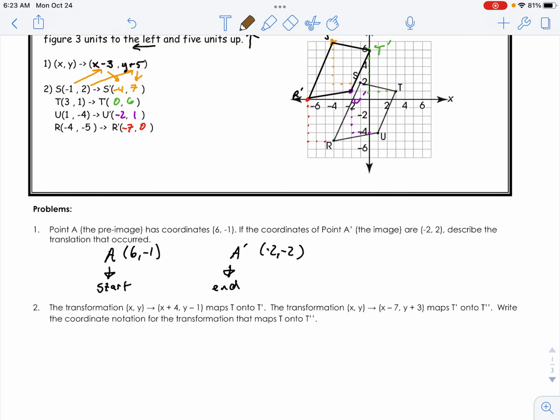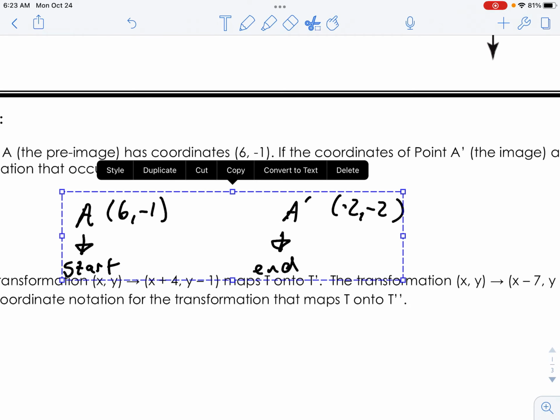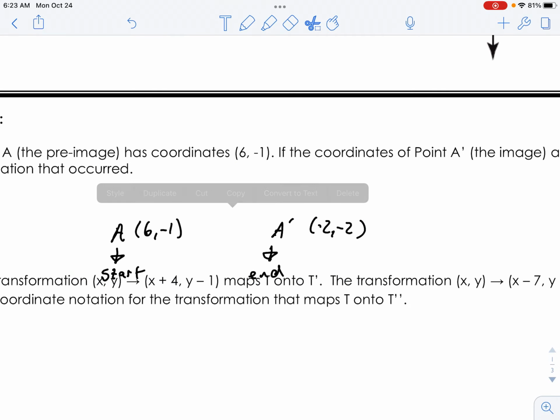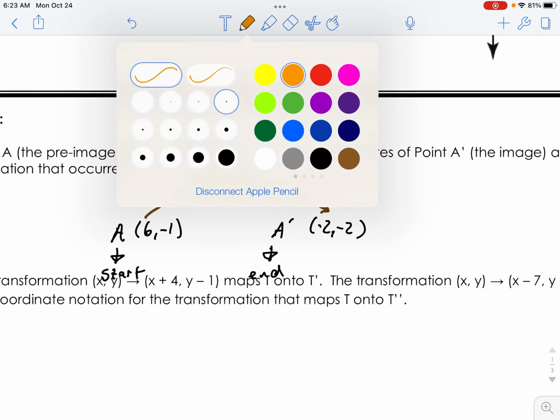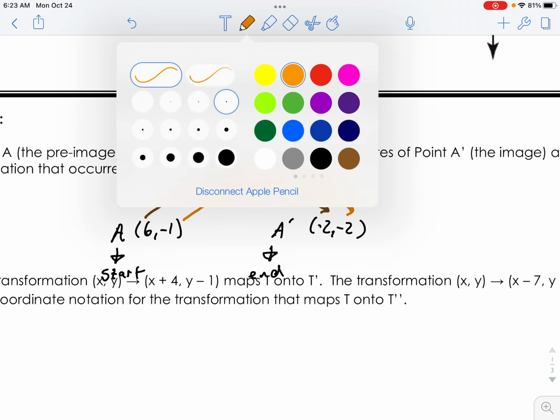So what I have to think here is, what did I add or subtract to 6 to get to -2? Well, that'd be -8. And then, what did I add or subtract to -1 to get -2? Well, that's a -1.